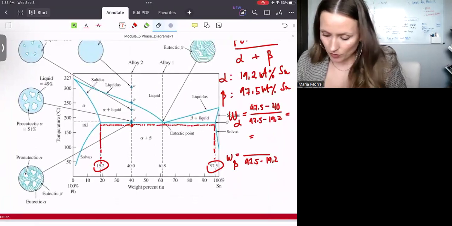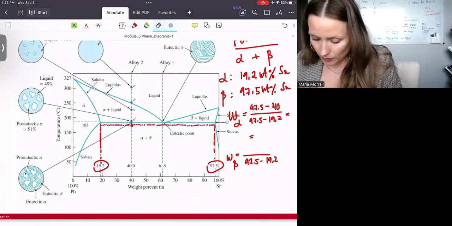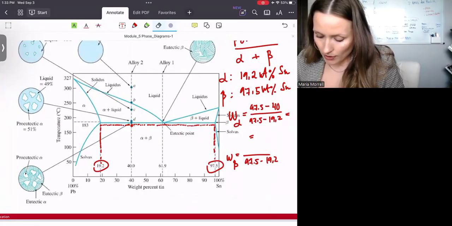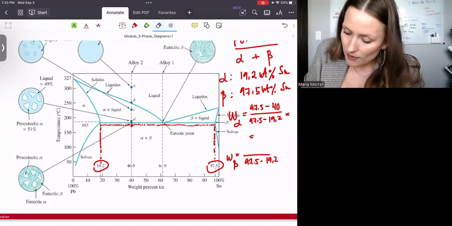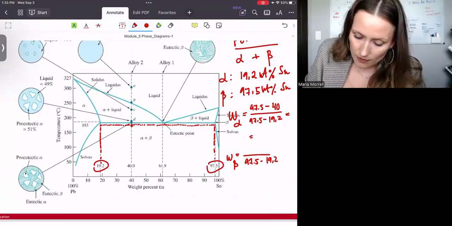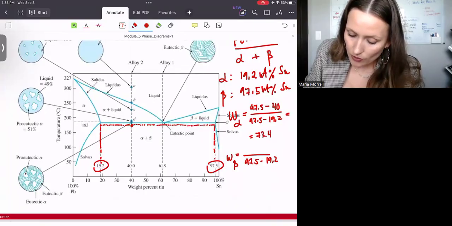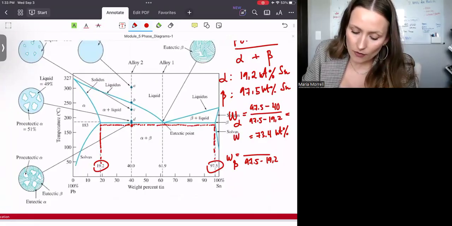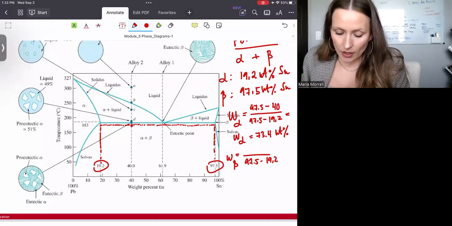That would give me 97.5 minus 40, and then I'm going to divide it by 97.5 minus 19.2, okay? So this gives me 73.4 weight percent. So this is the fraction of alpha.